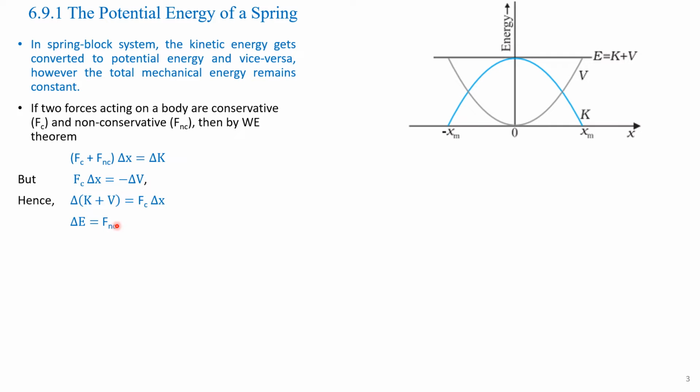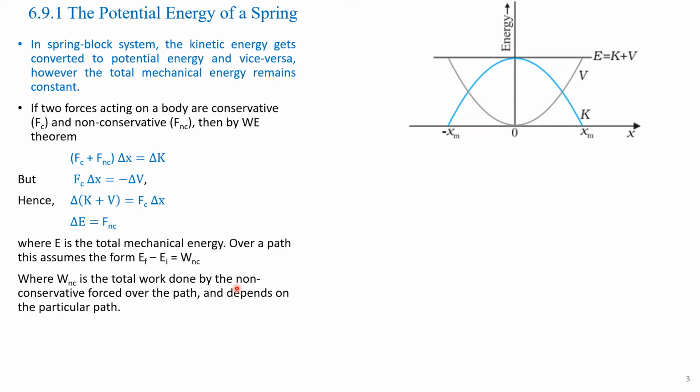Therefore, K plus V is E, so delta E is equal to Fnc into delta x, where E is the total mechanical energy. Over a path, this assumes the form Ef minus Ei is equal to Wnc, where Wnc is the total work done by the non-conservative force over the path and depends on the particular path.